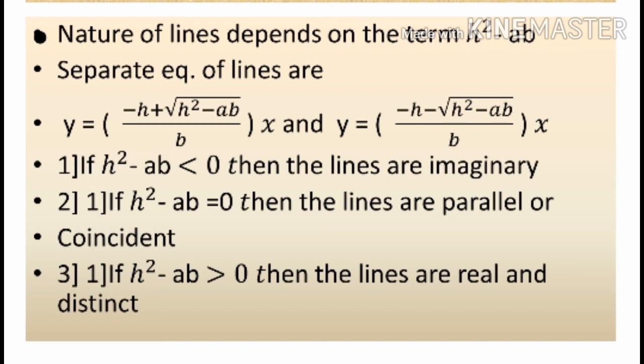First, if h² − ab < 0, then the lines are imaginary. Second, if h² − ab = 0, then the lines are parallel or coincident. And third, if h² − ab > 0, then the lines are real and distinct. Now remember these three terms as a formula to solve the examples.